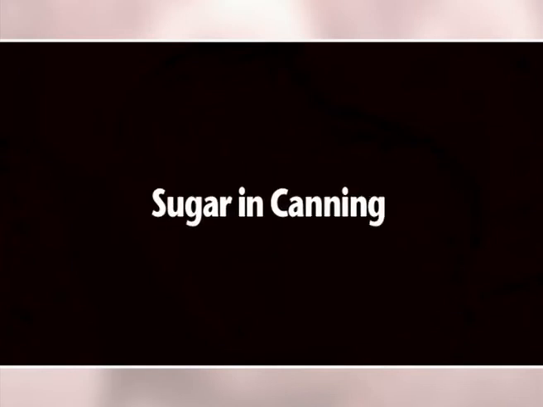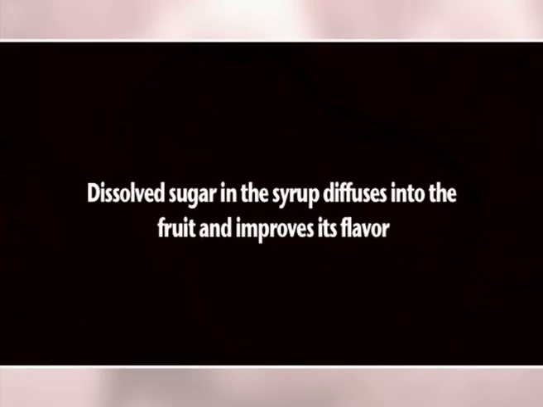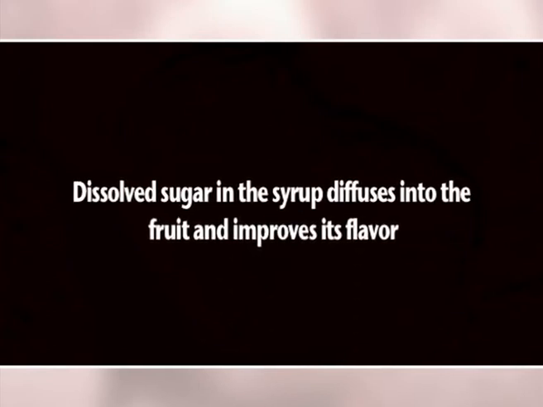Sugar in canning. Sugar is used in the canning and freezing of fruits to improve flavor and texture and to preserve natural color and the shape. Fruit to be canned is placed in the syrup of greater sugar concentration than that of the fruit itself. The dissolved sugar in the syrup diffuses into the fruit and improves its flavor.